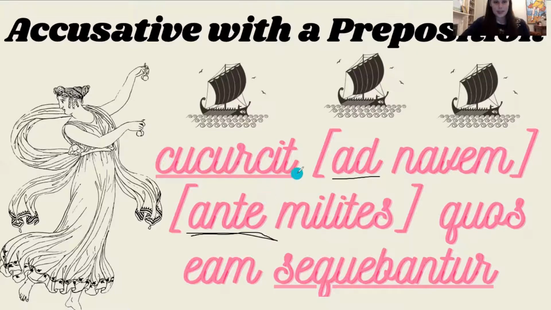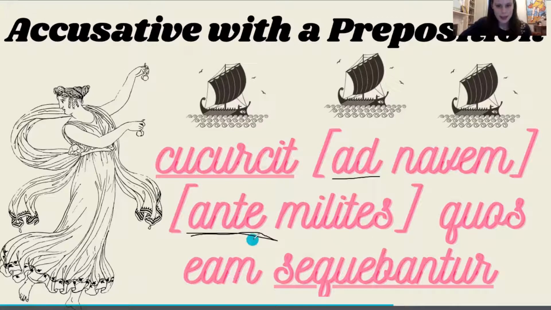So this is probably the second most common use of the accusative, in addition to a preposition, because a preposition is going to need to take either the accusative, the dative, the genitive, or the ablative in order to sort of function completely. So it's actually good because in this sentence we have got eam, right? So if we were going to say why is eam, so that's her, we've got the soldiers who were following her or chasing her.